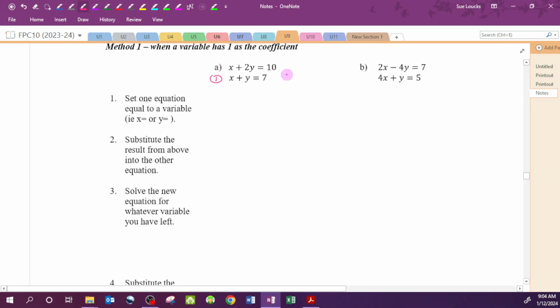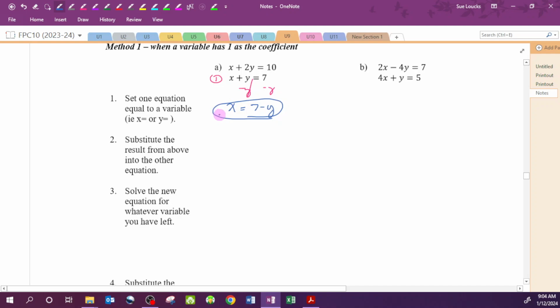It doesn't matter which one you pick though. I'm going to rewrite this as, minus y, and I end up with x equals 7 minus y. So that's now my new equation, okay? That's step one.